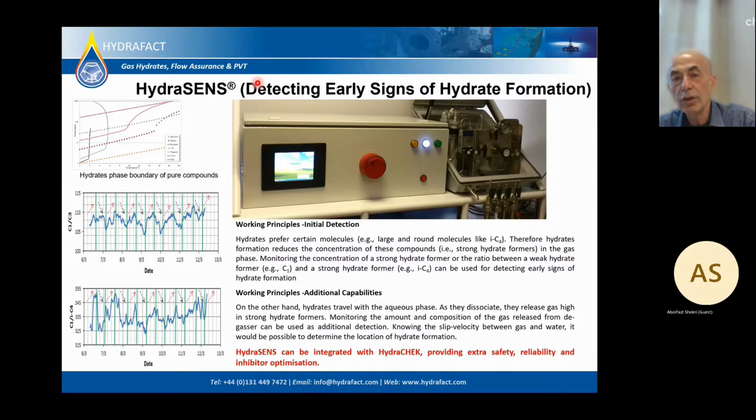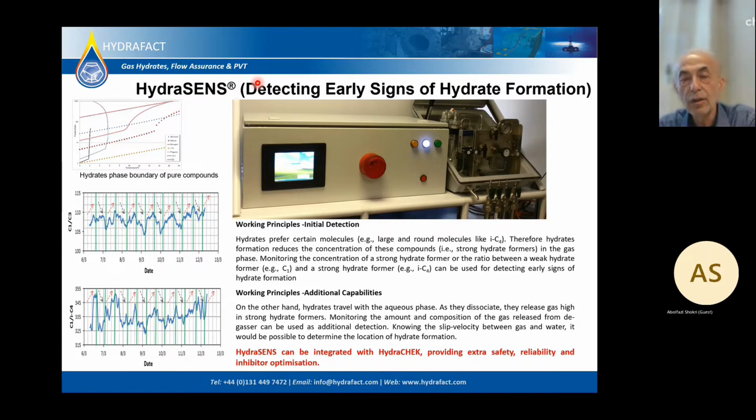Velocity of the water phase, the aqueous phase, is 5 meters per second. So the slip velocity is 10 meters per second, 15 minus 5. So at time 0, when we see the sign of hydrate formation in the gas phase, and then we take action or not, but then we see the water coming in.